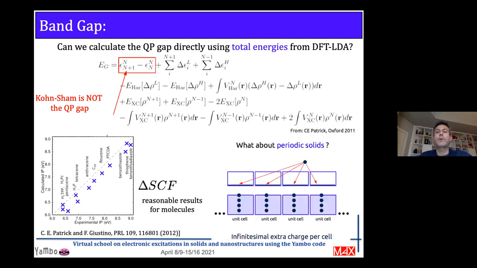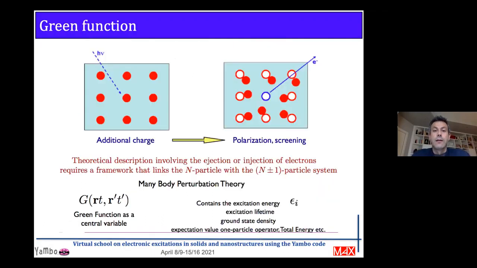But the problem is we don't know how to consider an N+1 or N-1 electron system for periodic solids. So we need a theory that can link exactly the N-particle system and the N+1 or N-1 particle system.